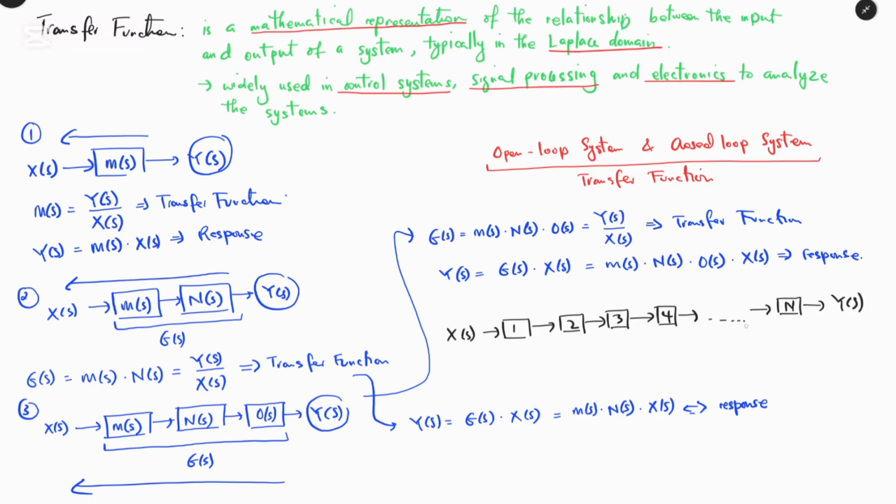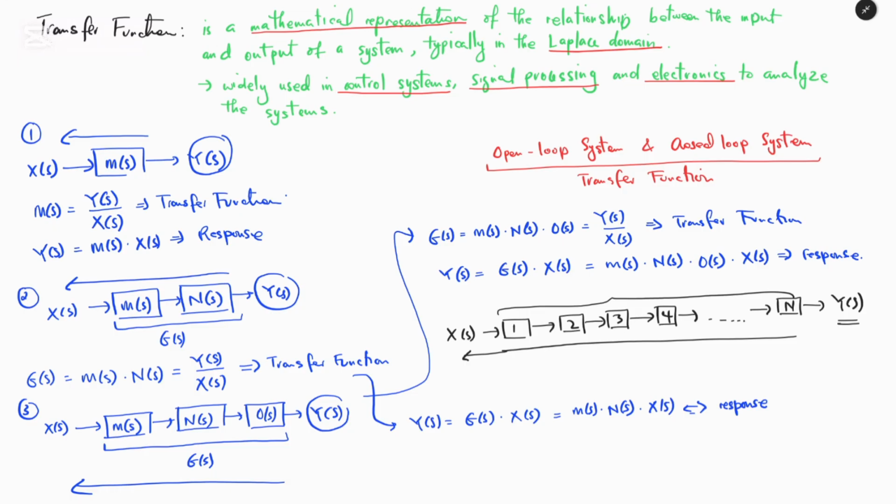So 1, 2, 3, 4, 5 all represent a smaller system or a subsystem within the entire system, and we can simply analyze the response by multiplying. That means the gain of each system must be multiplied with the input to get the final response. We multiply system gain 1, system gain 2, system gain 3, system gain 4, and all the way to system gain n. By analyzing those gains, we multiply with the input to produce the response.